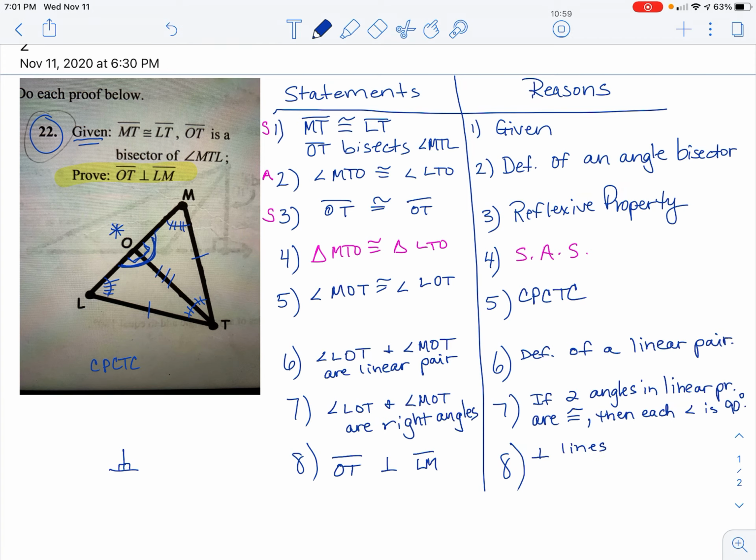Perpendicular lines are lines that intersect to form right angles. So all those steps, deductively reasoned with our given information, working through each one of those steps and giving a reason why those statements can be true, brings us down to our proof statement.